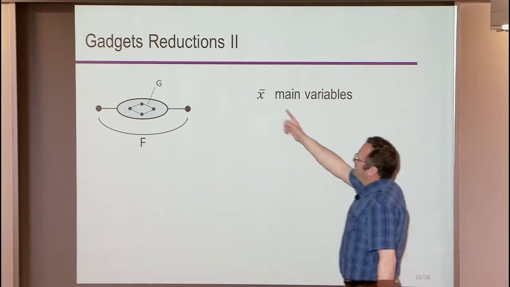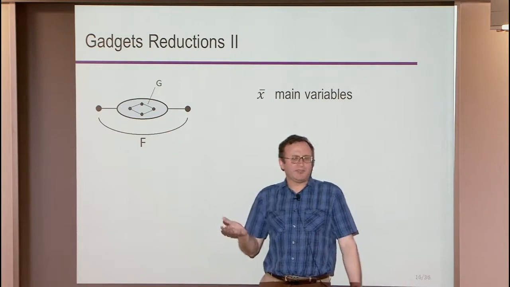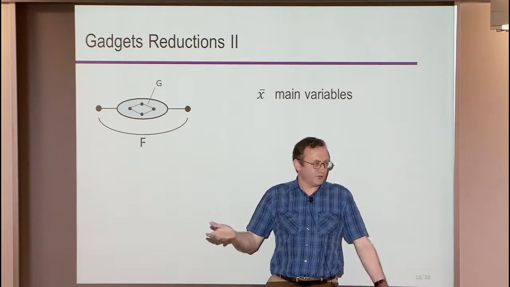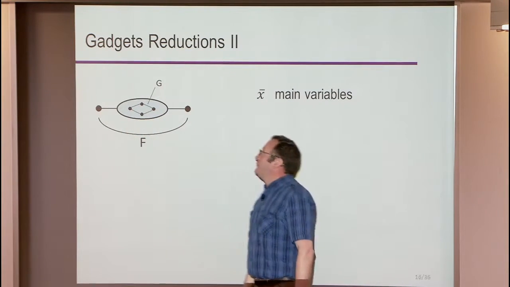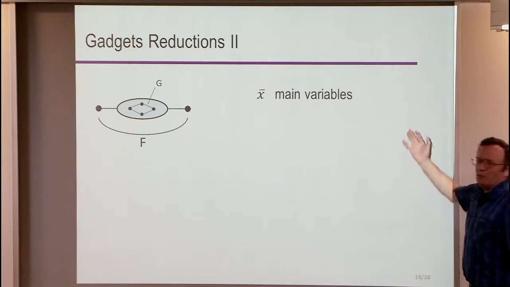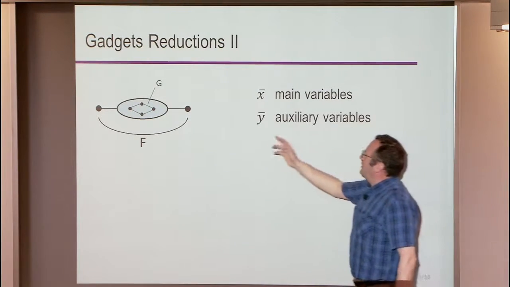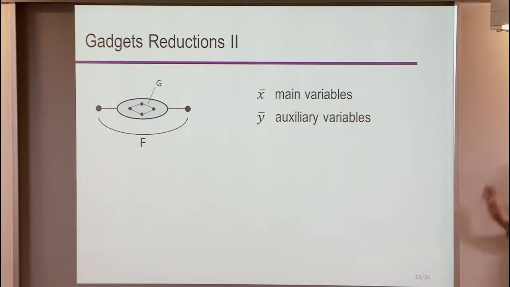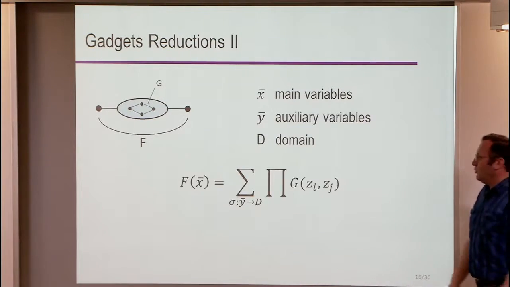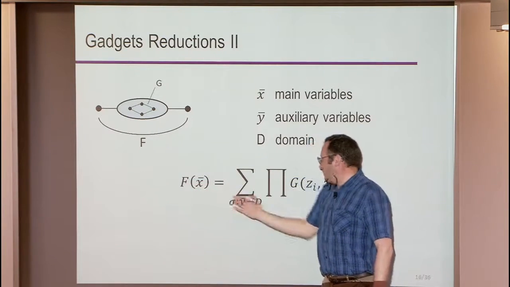Right? So all these vertices here are going to represent variables. Right? We're talking about CSPs. So the portal vertices, I will call main variables or free variables, whatever you prefer. And the remaining ones are going to be auxiliary variables. Everything is happening in a certain domain, say D. Okay, then the way I compute my function f using the gadget is just like that.